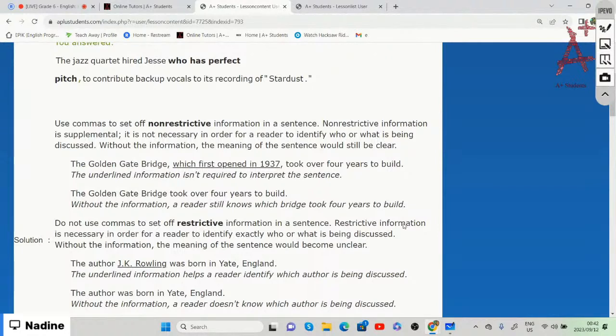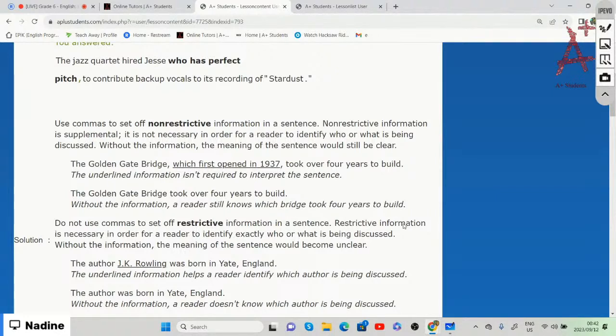Because whenever it comes to non-restrictive elements, even without the added information, we already know who or what is being discussed. So sometimes with non-restrictive elements, there's added information which is not even necessary.